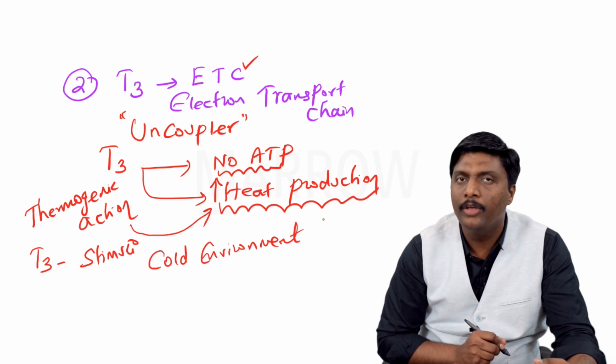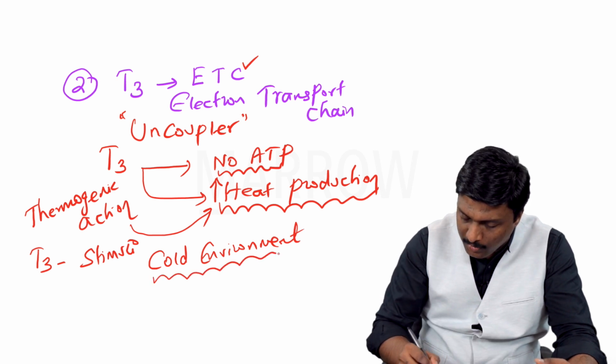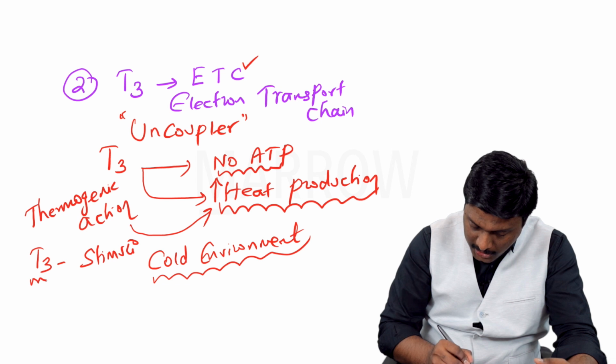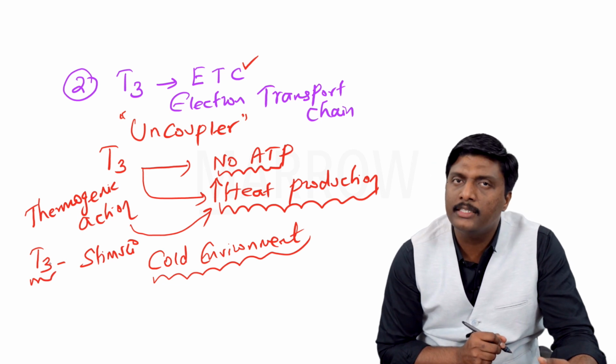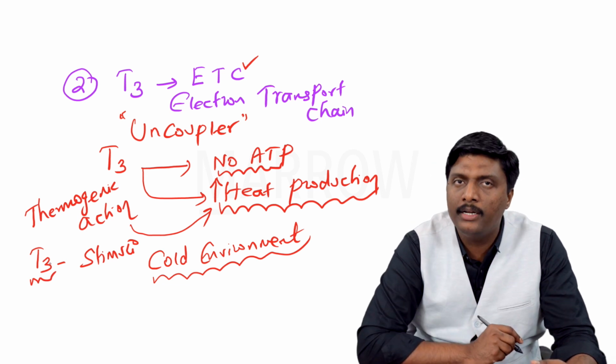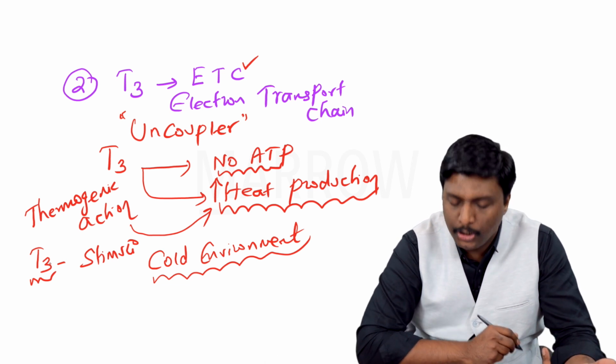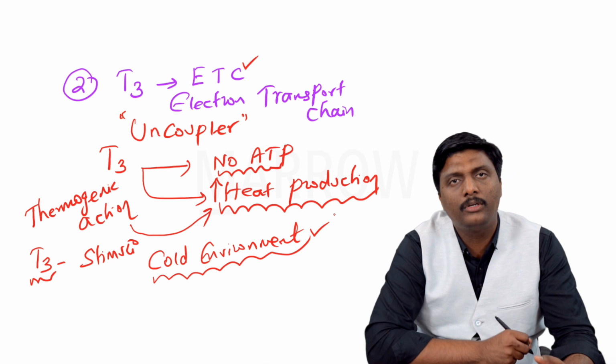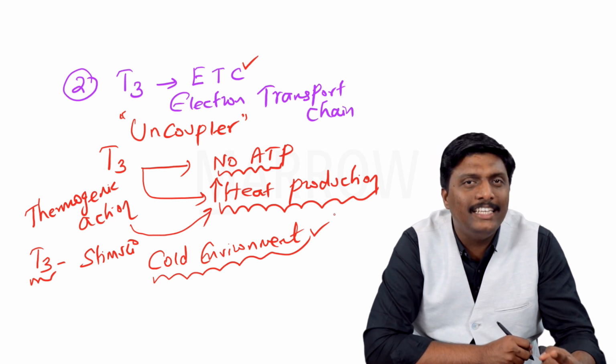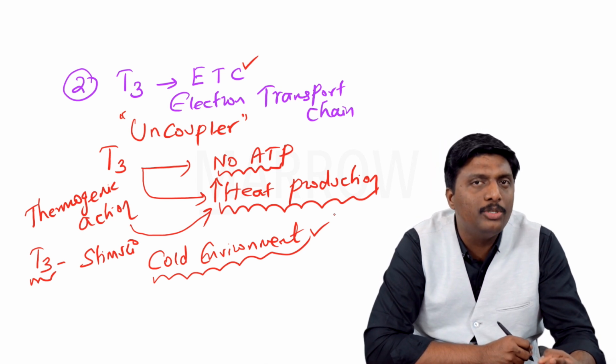Always remember, during exposure to a cold environment, the body produces more thyroid hormone. You answer now. Why during cold do you require T3 hormone? Because it is an uncoupler. It increases body heat production to combat that cold. That's all. This increase in heat production is called thermogenic action, physiological.